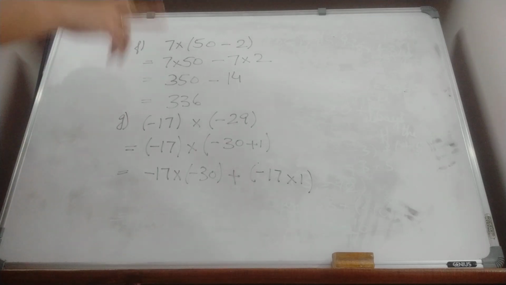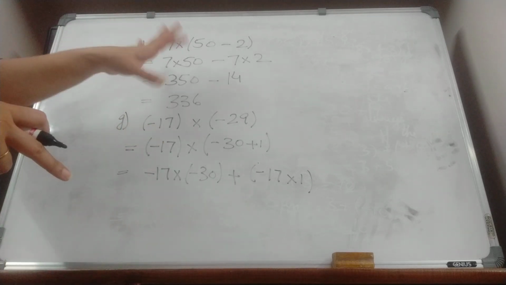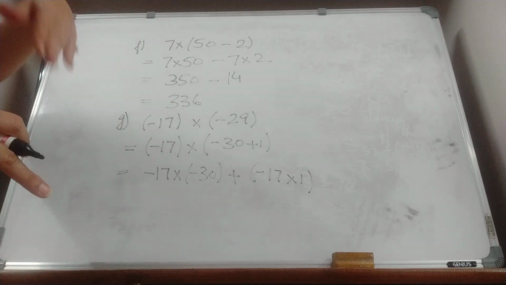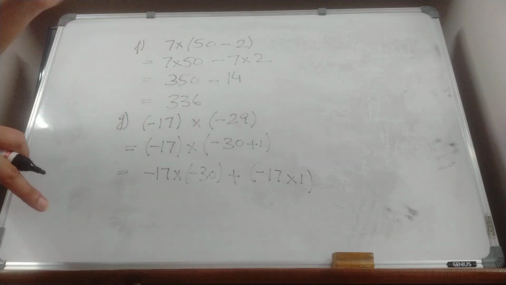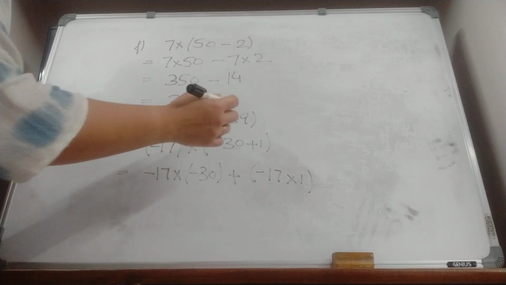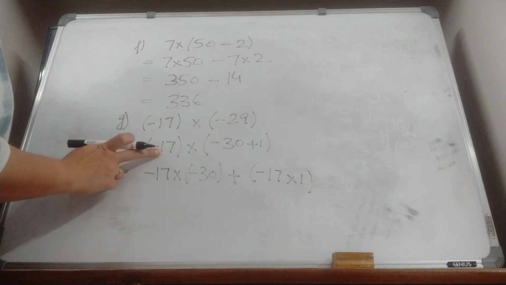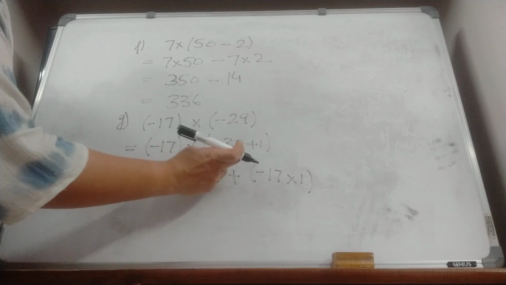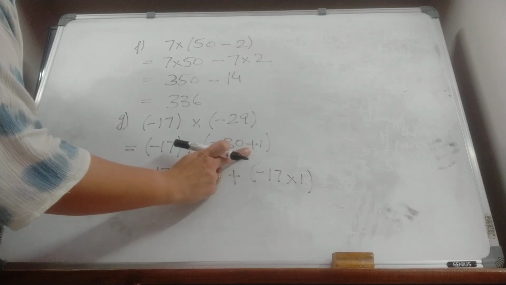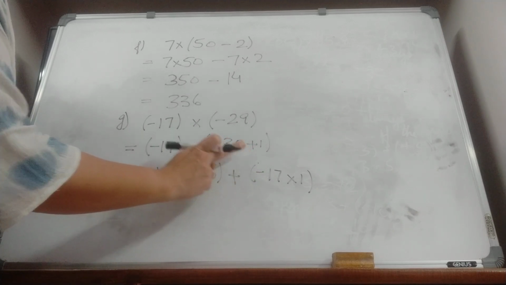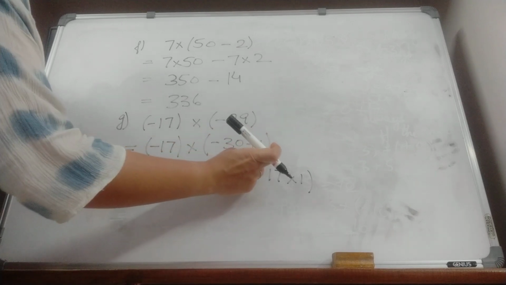I'll just note them down and then give them to you in this video only, which you can keep on solving. So this minus 17 was from here, minus 17 into minus 30 because that's the first number. This plus sign because I have a plus sign in between, and then minus 17 into 1.